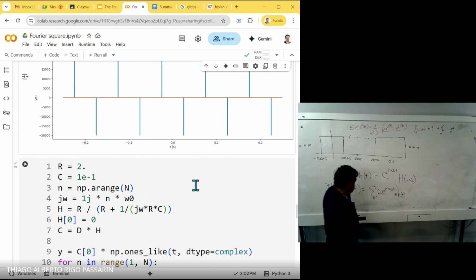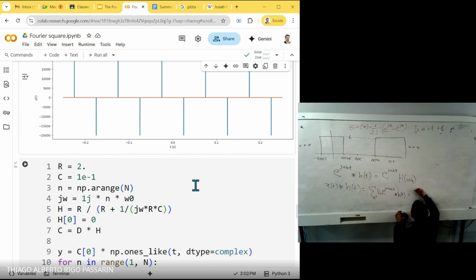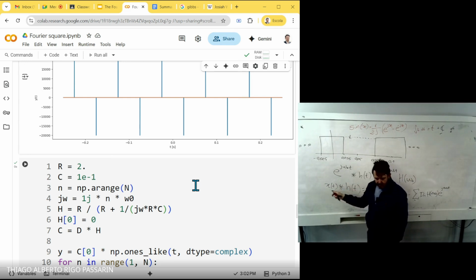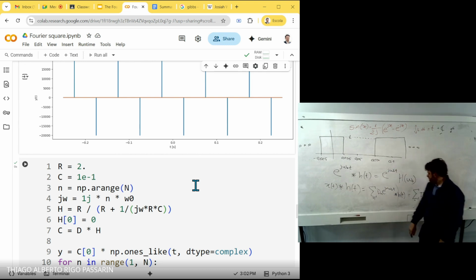Then no convolution is needed if the signal is periodic. The frequency response at this frequency, e to the j n omega 0 t. So you have a periodic signal convolved with some function.